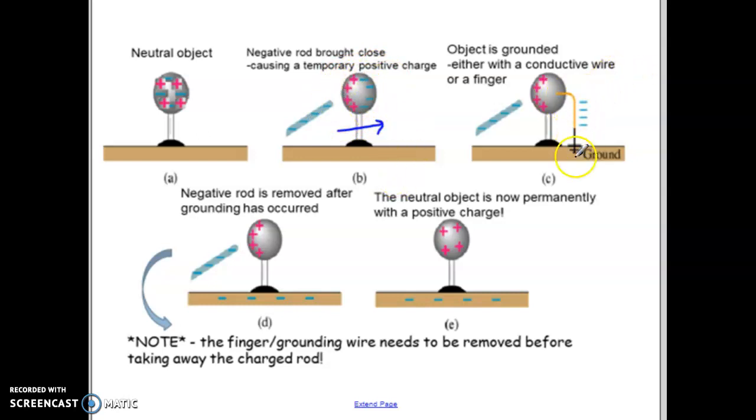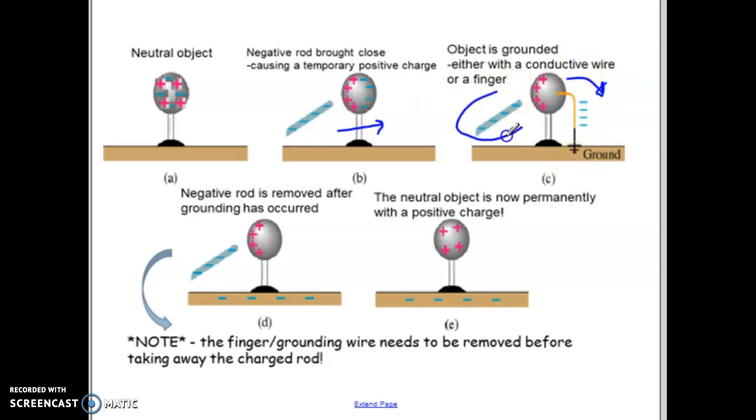But if you were to attach a ground to this sphere, you are now opening the doorway for electron movement. You have to think, this negative rod is repelling those electrons. So when you cause that grounding wire to be attached, you are opening the door and giving a way out for those electrons to move.